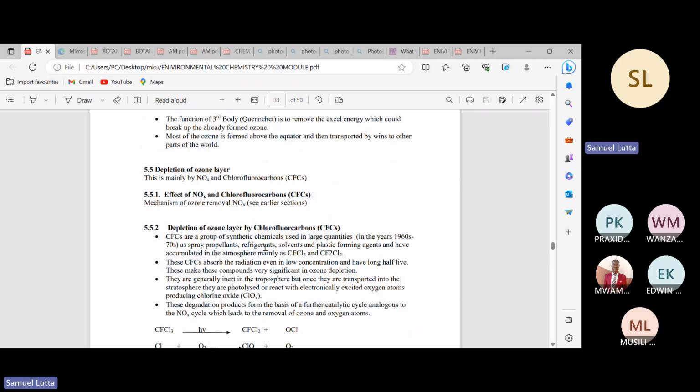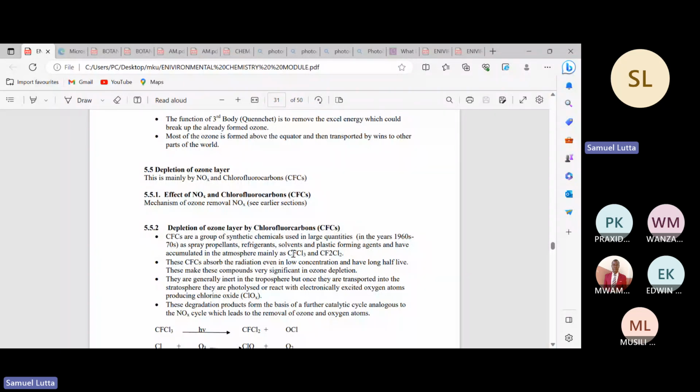And the same vapor, when it passes through the heat exchanger, can lose energy, and when it loses energy, it is converted back into liquid. So they are normally used in refrigerators. They are also very good organic solvents, and they are also used during the formation of plastics.